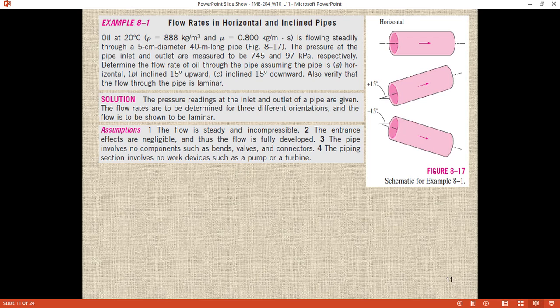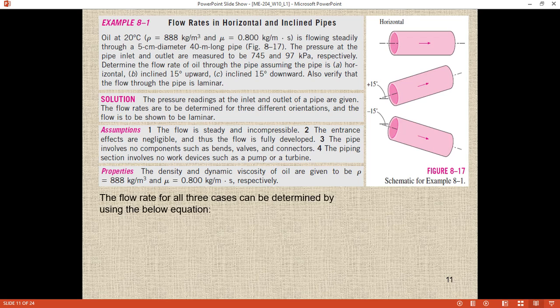So let's see the next. Here the properties of the fluid are given, highlighted here: the density and the dynamic viscosity. The flow rate for all 3 cases can be determined by using the below equation.